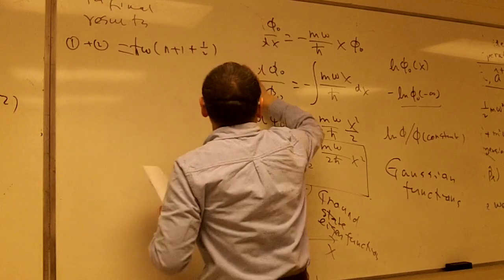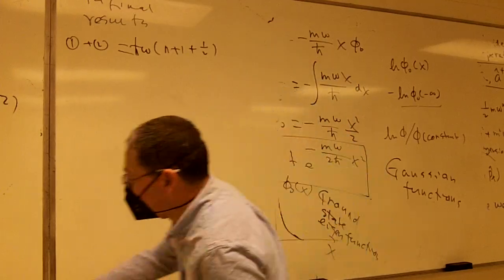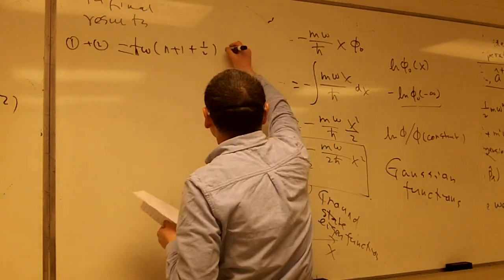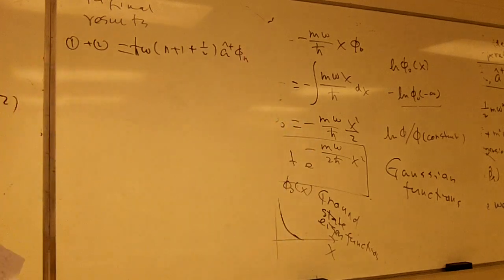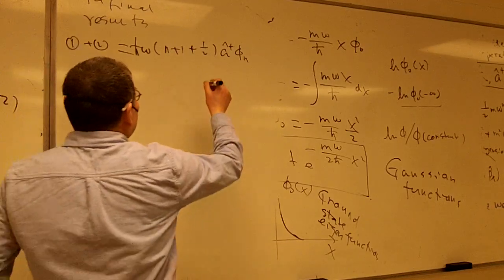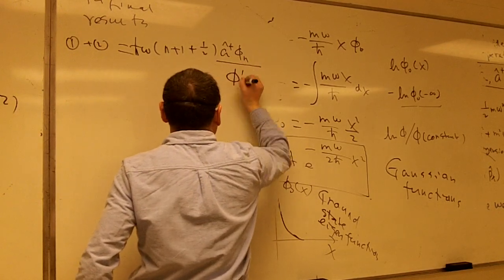And this part is going to be multiplied by A dagger, like that. So that's the 1 plus 2. Now, this part is just phi prime.